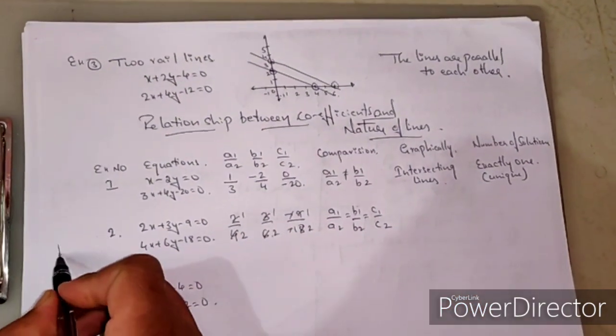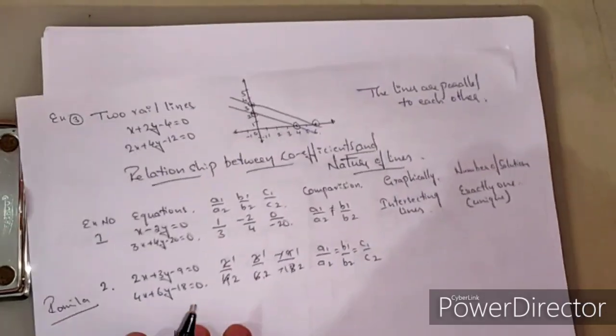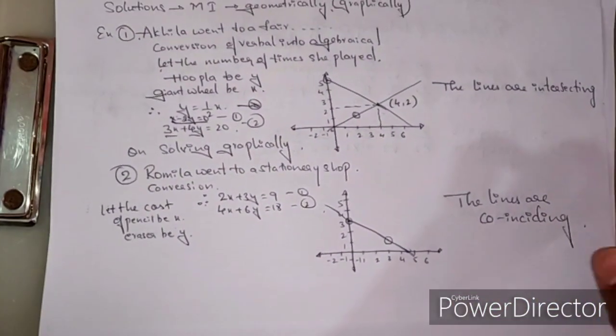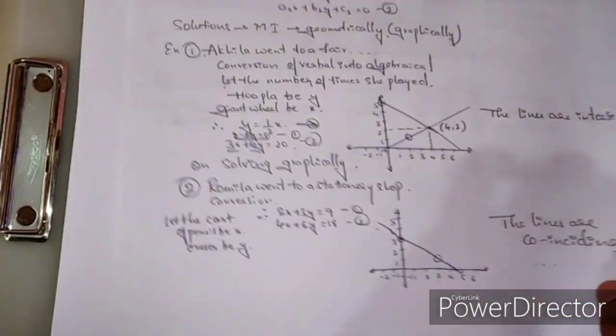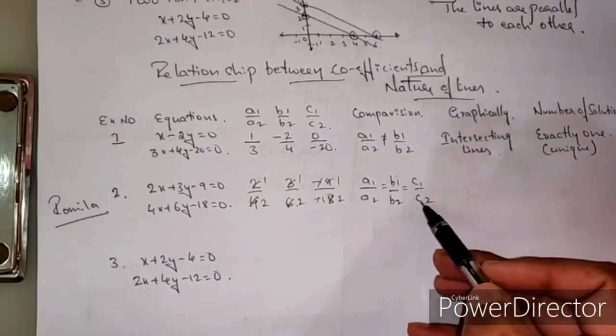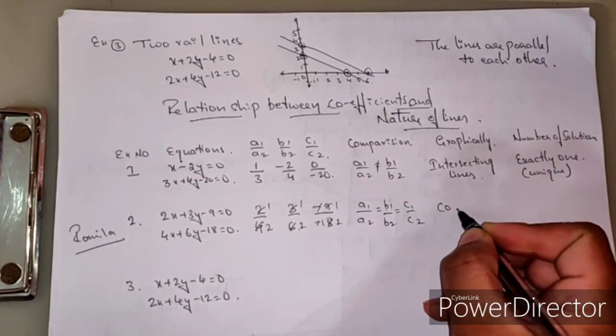This is actually the question of Romila. How was the graph in the case of Romila? Here is the graph of Romila. How were the lines to each other? The lines were coinciding. Therefore we can say that if these ratios are equal to each other, graphically the lines are coinciding.